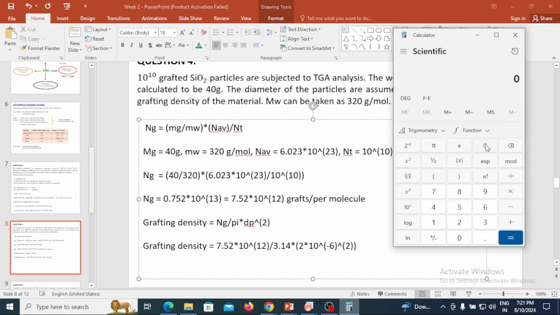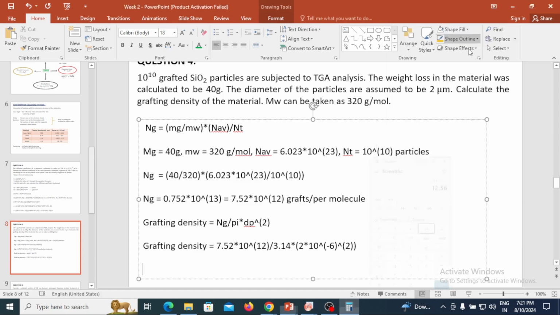So 2 square is 4, 3.14 times 4, 12.56. Grafting density is 7.52 times 10 to the power 12, divided by 12.56 times 10 to the power minus 12, because this 10 power minus 6 whole square is 10 to the power minus 12.